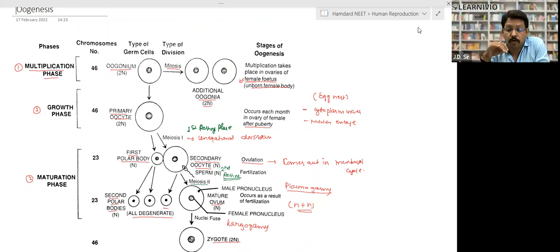Previously the age of egg release, when the menstrual cycle starts, was 11 years, but nowadays it is 9 years. So all these ages have decreased because of global warming, as the scientists have a common consensus.